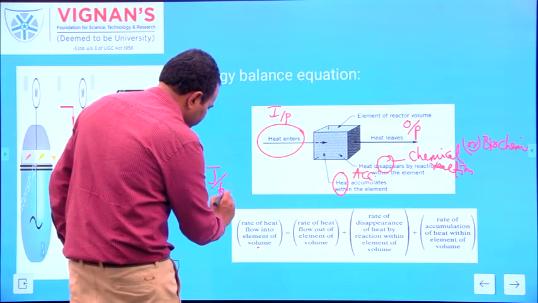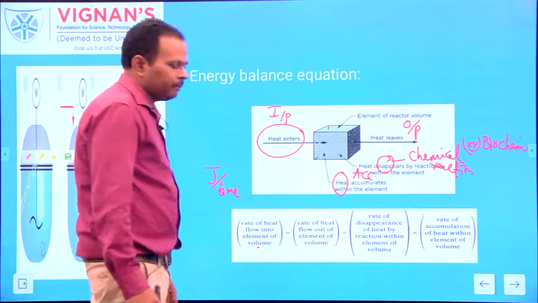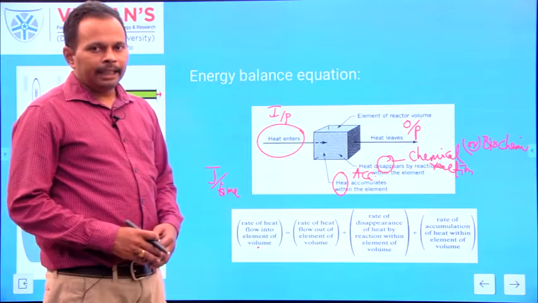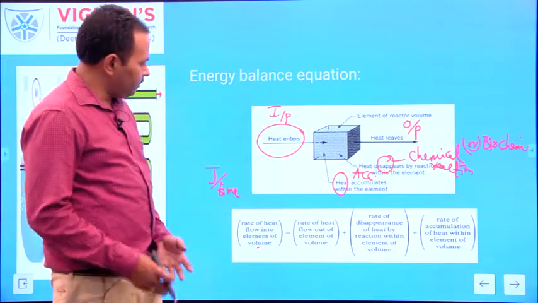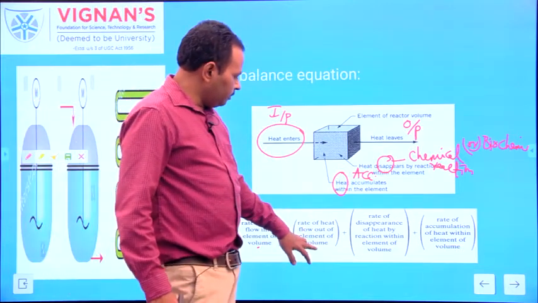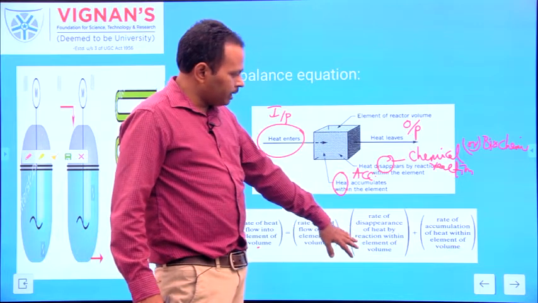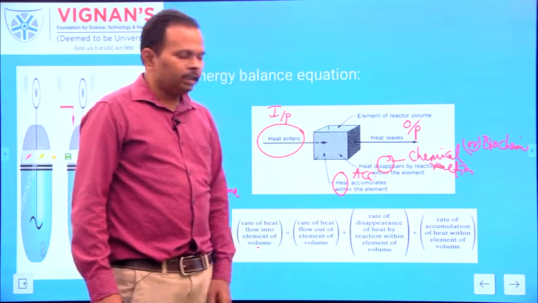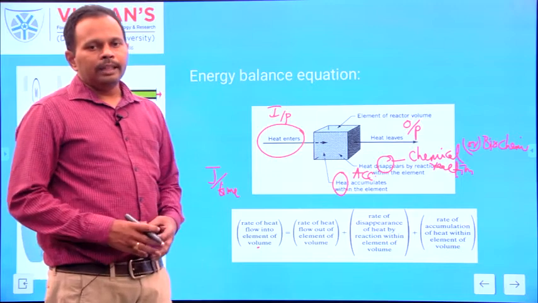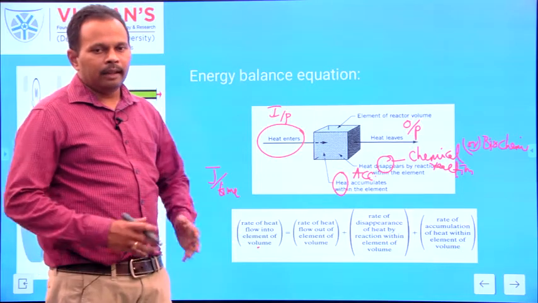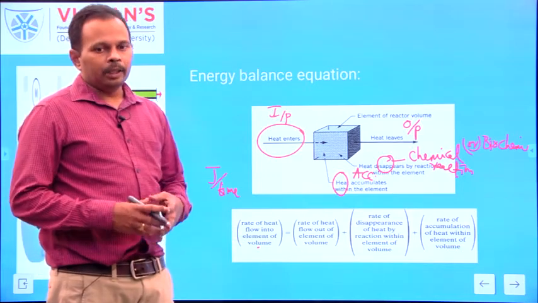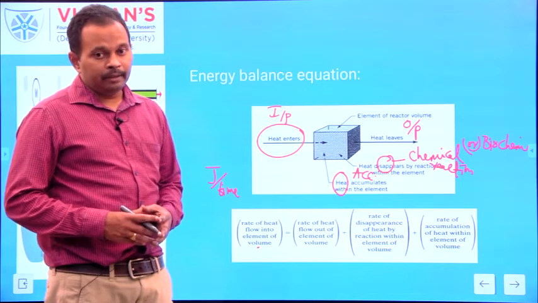So the rate of heat flow into the element, the rate of heat flow out of the volume element, the rate of disappearance of heat due to chemical reaction, and the rate of accumulation of heat within the element of volume all have the units of amount of heat per unit time.